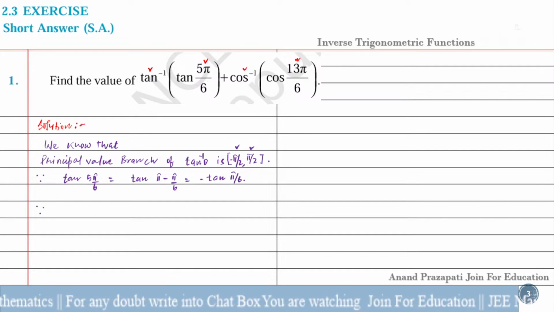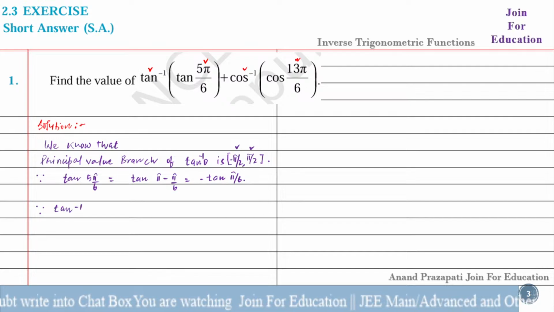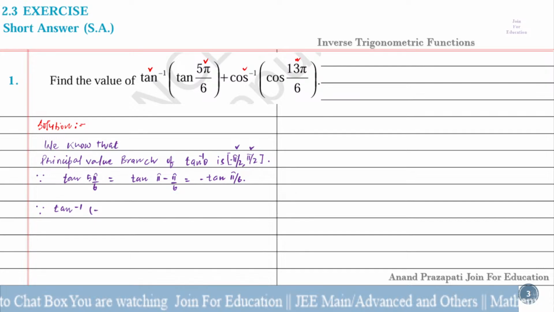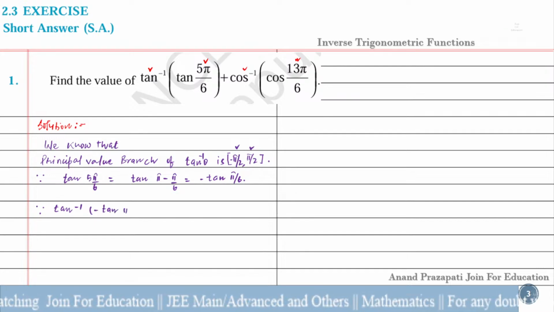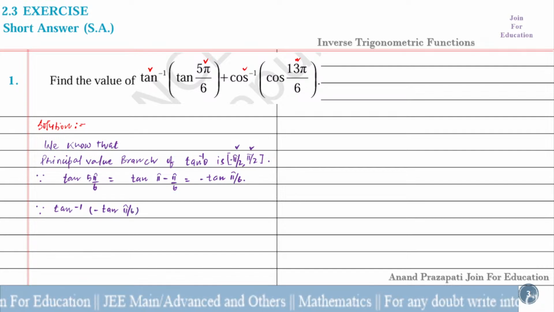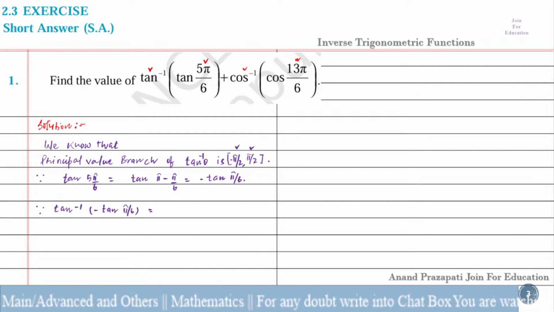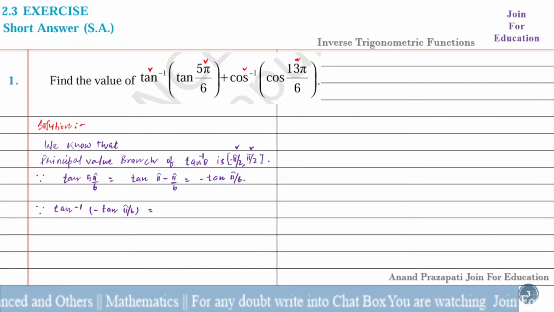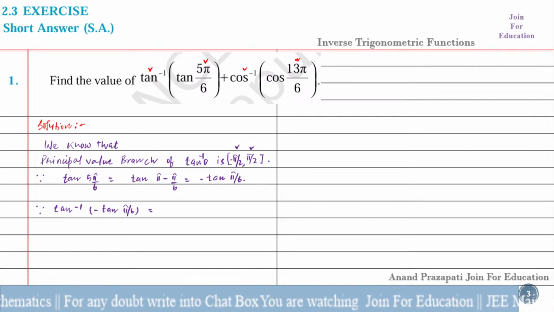Therefore here will be tan inverse minus tan pi by 6. We know that this one is in either the second or fourth quadrant.